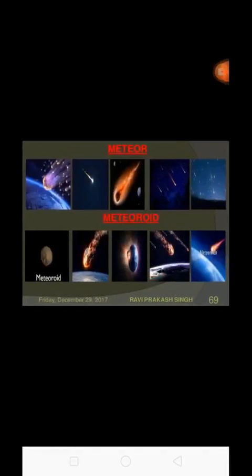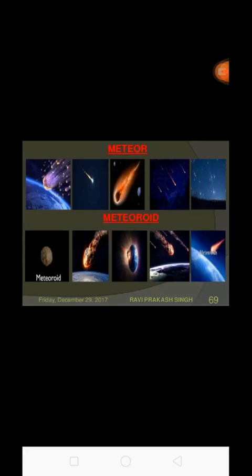Okay, class. So you may have seen a bright streak of light in the night sky coming toward the earth and then vanishing soon. This is often called a shooting star or falling star because it looks like stars are falling from the sky to the ground.